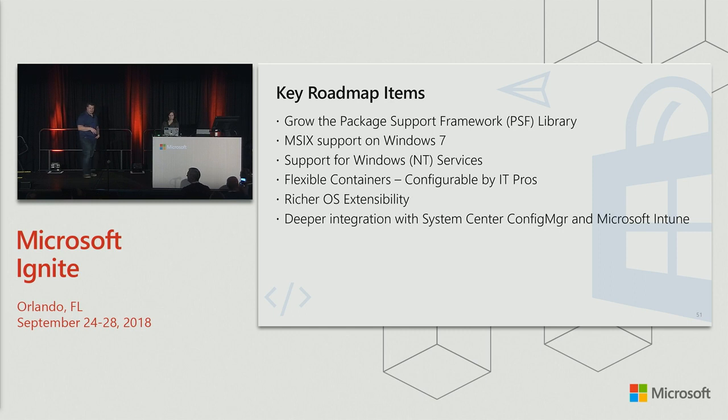And then deeper integration with ConfigMan and Intune. Like I said, we do have support available for it, but we haven't released modification package support quite yet. So we really just want to get into a better model where the platform and all its richness is exposed through a couple of our main tools. And we're working closely with that team to create great IT admin experiences around these types of apps.